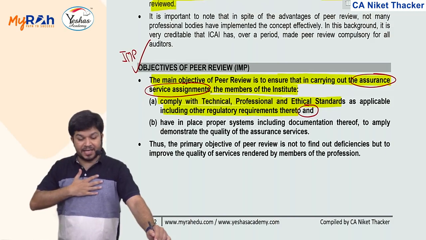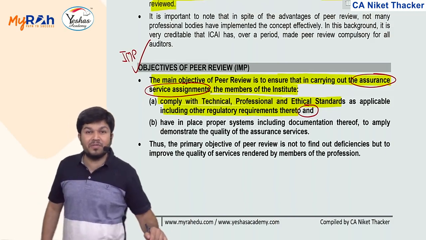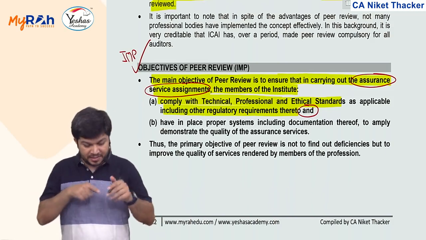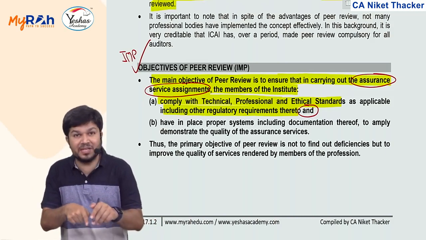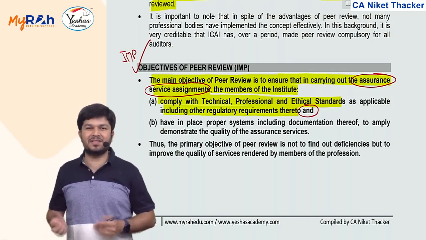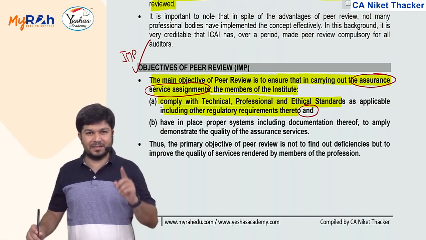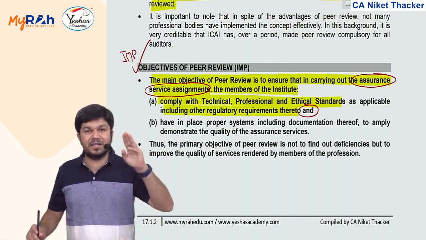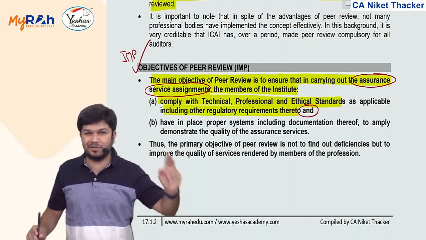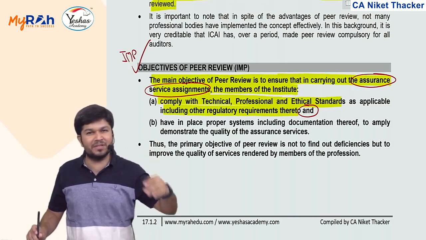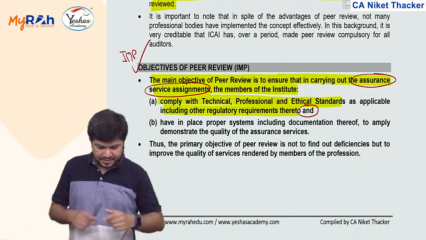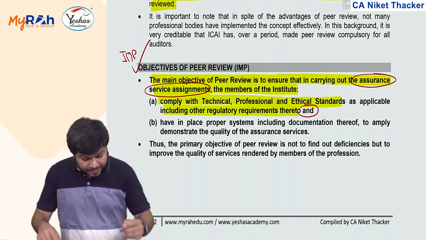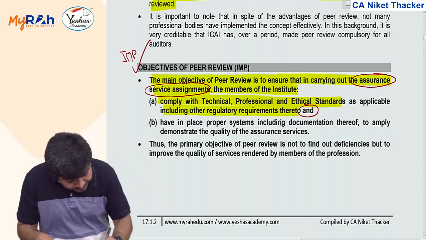So whenever we are carrying out an assurance engagement, the members of the institute, chartered accountants, comply with technical, professional, ethical standards. Sir, what is this? Technical, professional, ethical standards is nothing but standards on accounting, standards on auditing, clarifications, circulars, guidelines, all that. We comply with all of them, and we have proper systems.